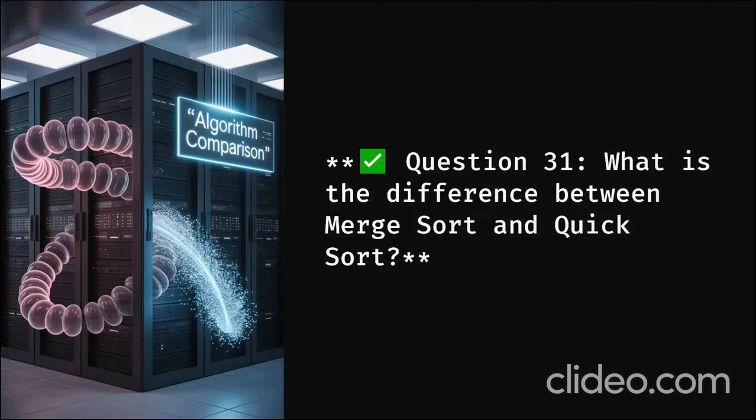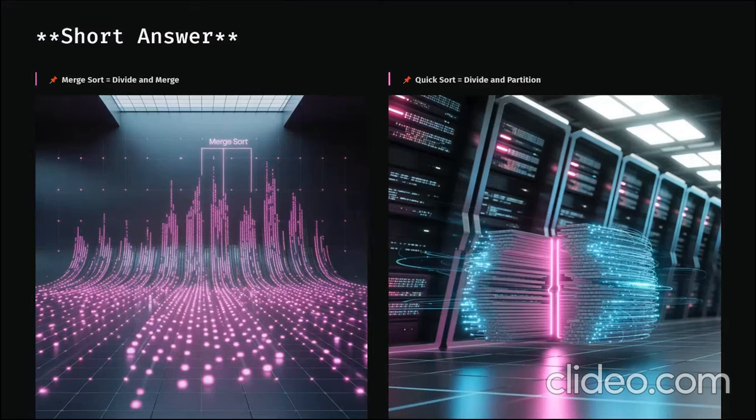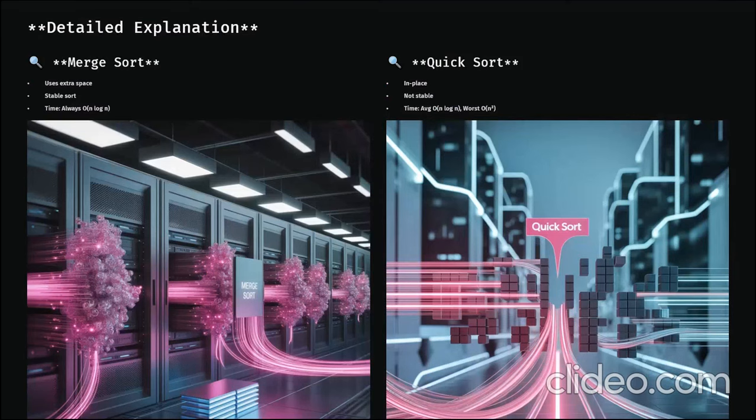Next question is, what is the difference between merge sort and quick sort? So merge sort is divide and merge, while quick sort is divide and partition. Merge sort uses extra space, is a stable sort, and time complexity is always O(n log n).